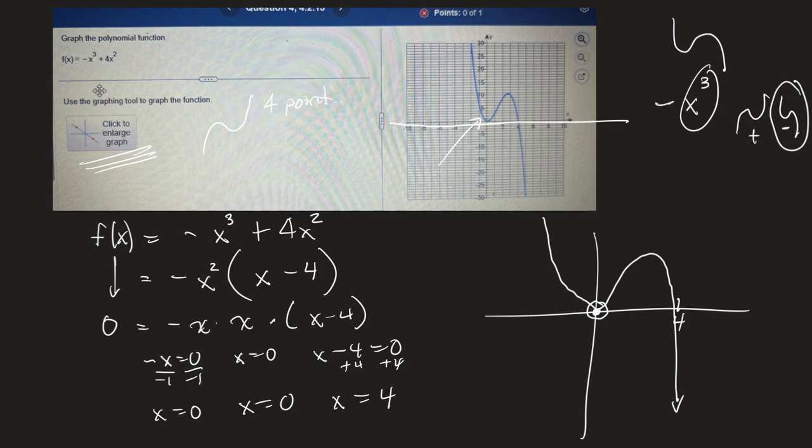But now I only have 2 points that are on my graph. When you're graphing it, you have to have 4 points. So what I do is I just take some points that are close to the x-intercepts. There's one at 0. I'm going to figure out what y is when x is 1, and then maybe I'll also figure out what y is when x is 5, to find one outside there.